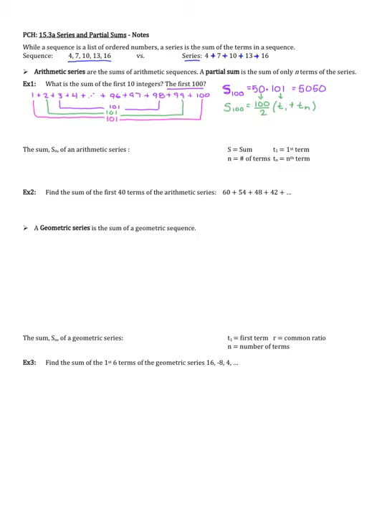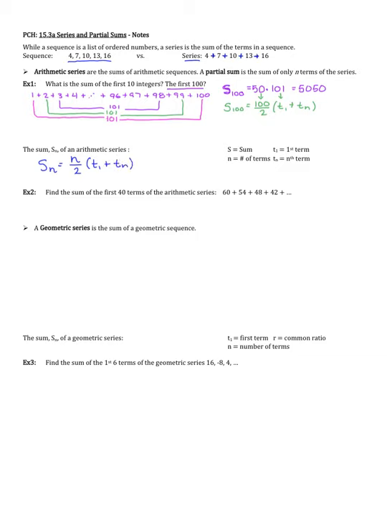And so we can come up with our formula based on that. So S sub n is going to be whatever that n number is divided by 2, because you're pairing up all your numbers, times the sum of the first and the last term.